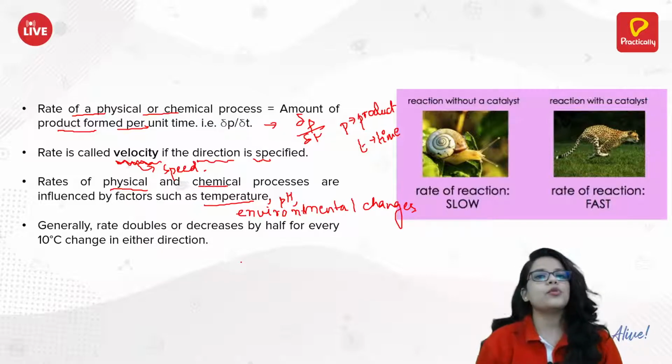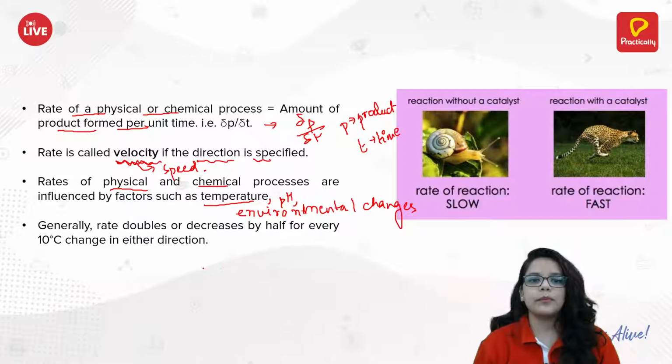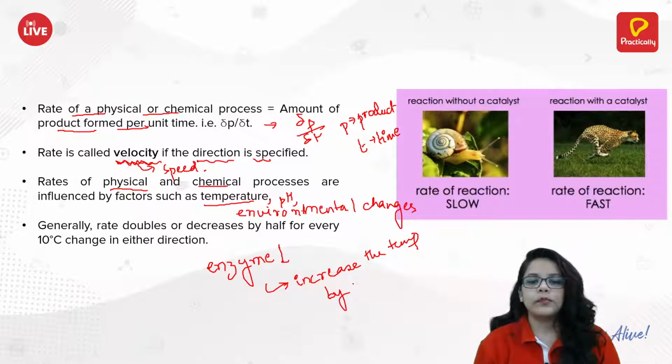So accordingly, suppose it is an enzyme. Okay, so enzyme 1 is there, and suddenly you increase the temperature by some 10 degrees Celsius. It was 40, now it becomes 50 degrees Celsius. So what happens?